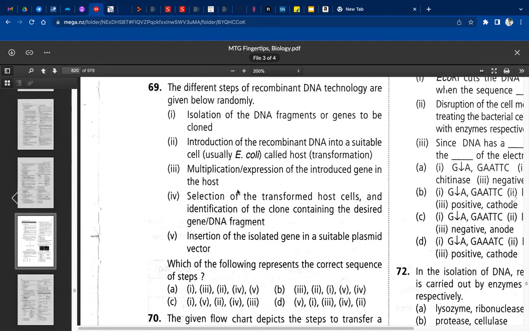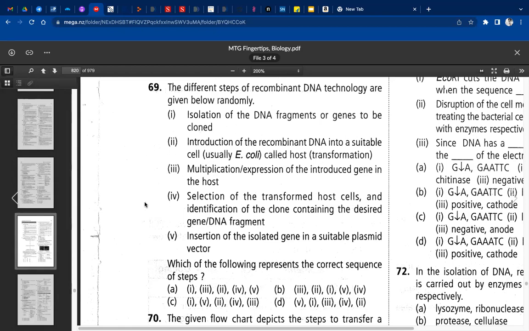And let me give you a trick for these kind of questions when they come. If you are sure about the beginning and the end of the process, then only look for that. Sometimes you will find more than one option. In this case, one is the first step, isolation of DNA fragments or gene to be cloned. No step comes before it.